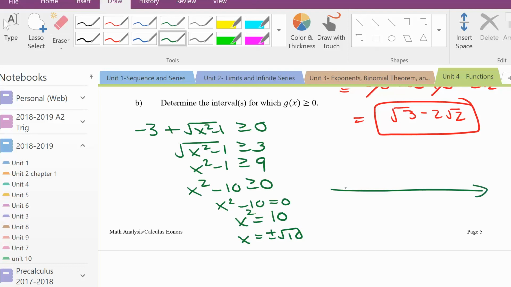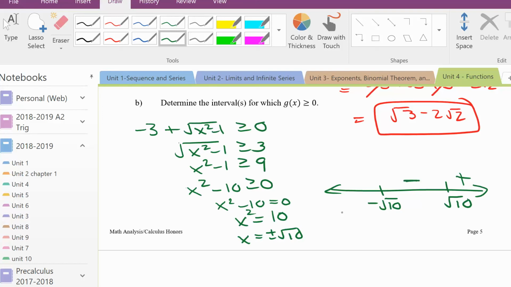So when you test negative rad 10, positive rad 10. So if I put like 4 in, 4 squared is 16 minus 1 is rad 15, which is bigger than negative 3, so that means it's positive. 1 squared is 1 minus 1 is 0, so that'd be negative.